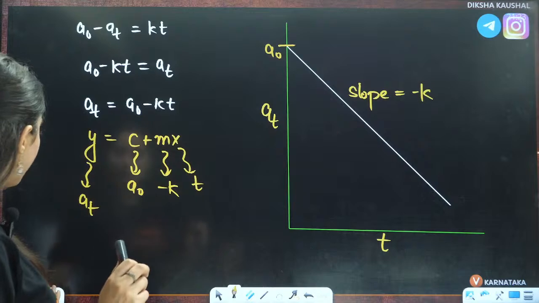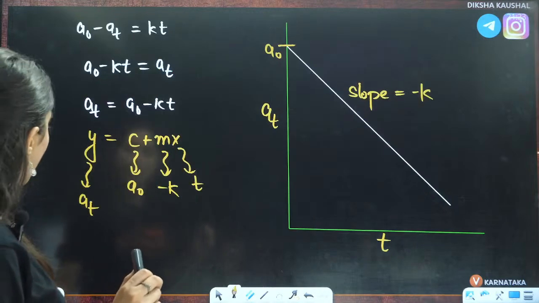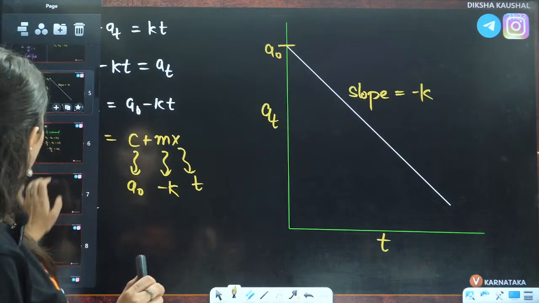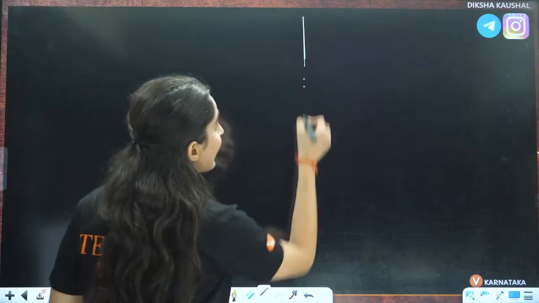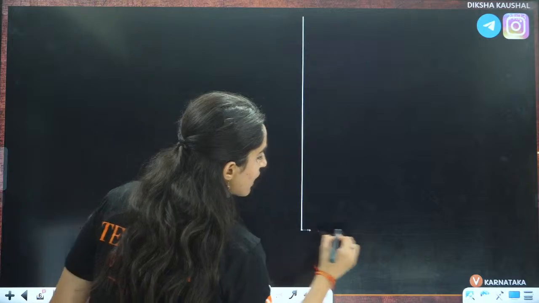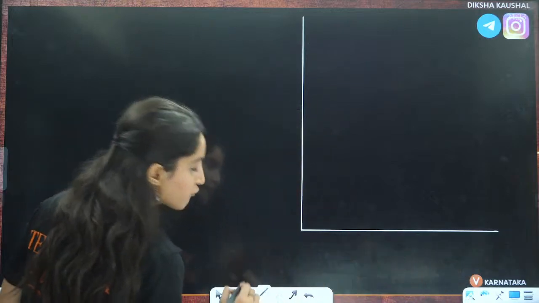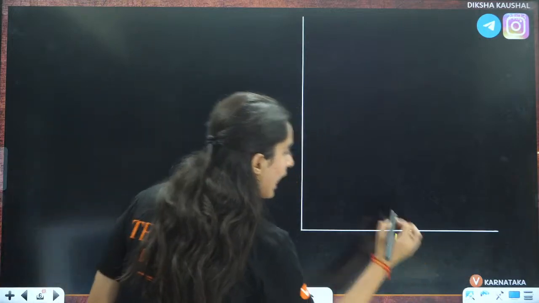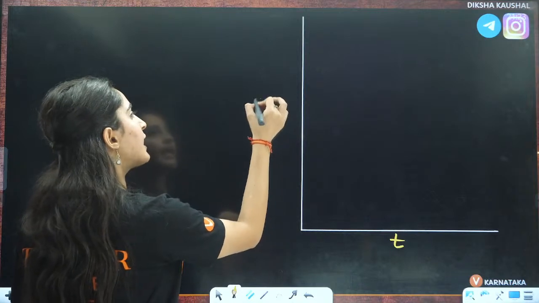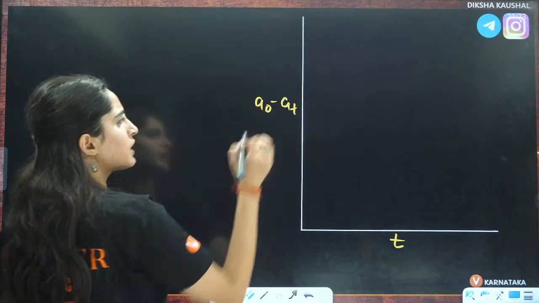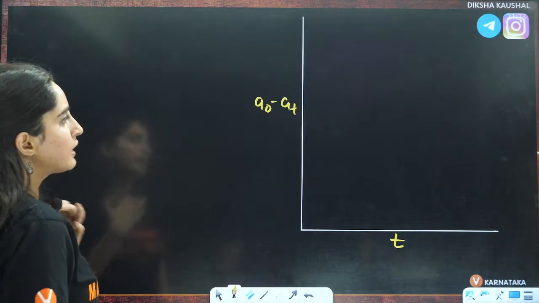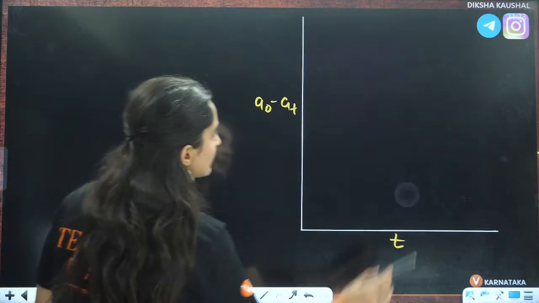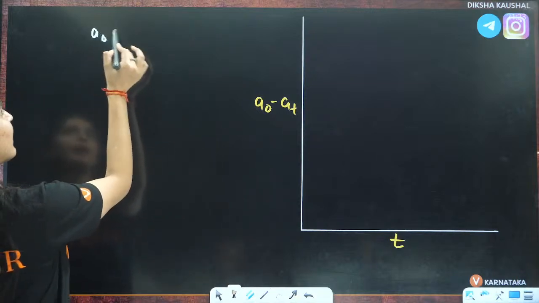Now let us change the other graph. The other graph was not like this. The other graph was between T and A naught minus AT.